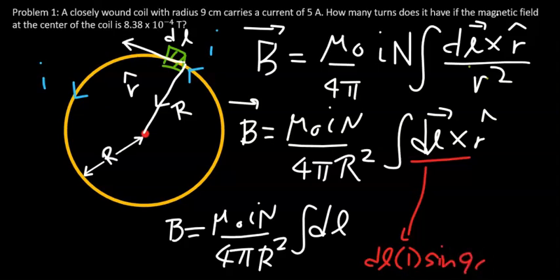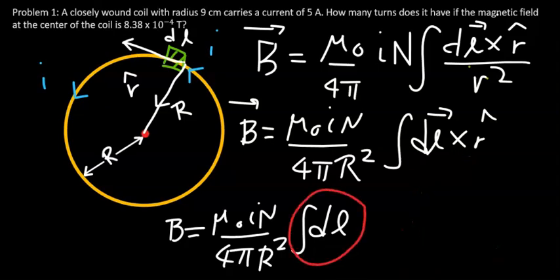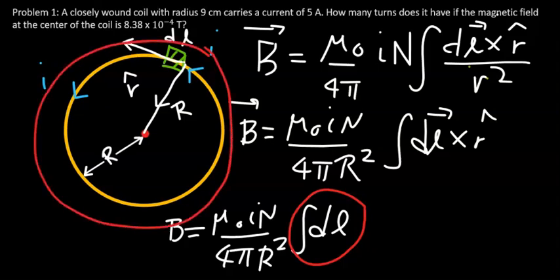So sine of that is quite simply 1, so it becomes just that. The integral of dl is simply the length of this entire coil, which is in a circular shape. So that is quite simply 2 pi times the radius of the coil.